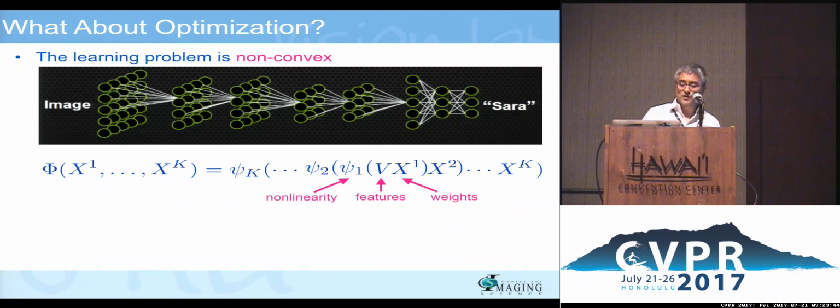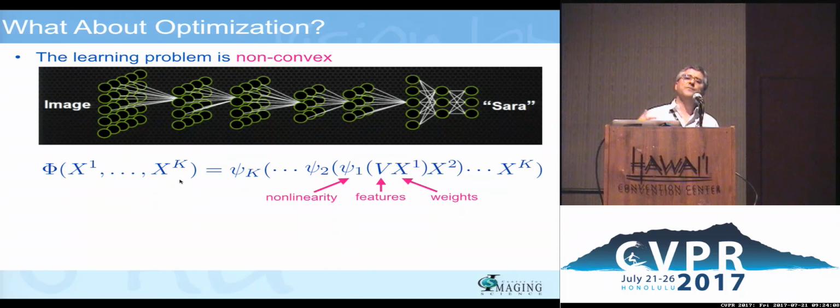What I want you to observe immediately is the following. I am going to introduce this notation phi to denote the output of the network. And the variables here, x1 through xk, are going to be the network weights. So x1 is the weights from the input layer to the first hidden layer, and so on and so forth. And notice that I'm not writing any dependency on the input v here.